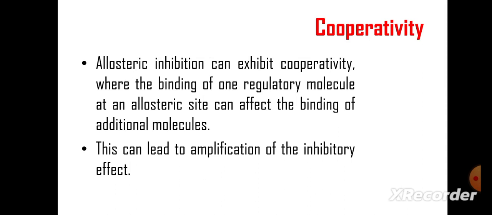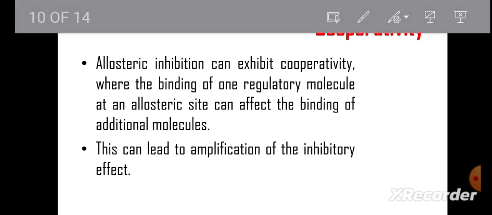Cooperativity, another important property. Allosteric inhibition can exhibit cooperativity, where the binding of one regulatory molecule at an allosteric site can affect the binding of additional molecules. Once an allosteric molecule is strongly bound to the enzyme, there won't be any further binding of additional molecules.